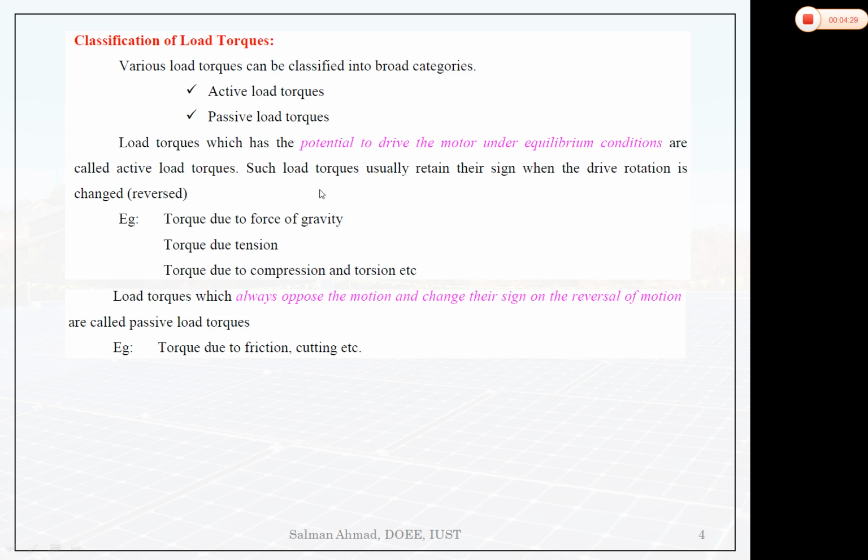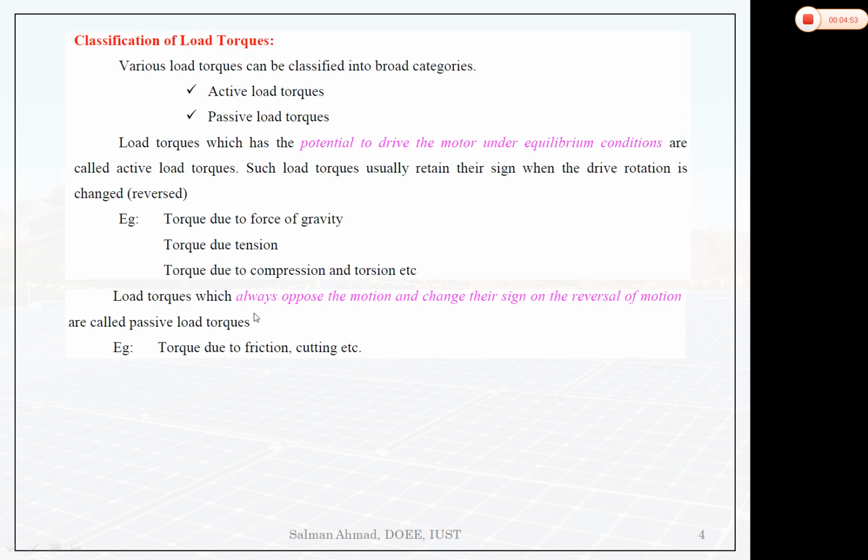Such load torques usually retain their sign when the drive rotation is changed. If the speed direction is changed, the load torque direction will not change. This is one of the characteristics of the active load torque. Examples are torque due to force of gravity, like the train moving downhill, torque due to tension, and torque due to compression and torsion.